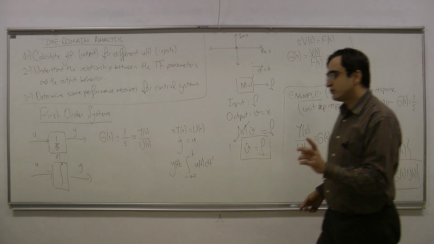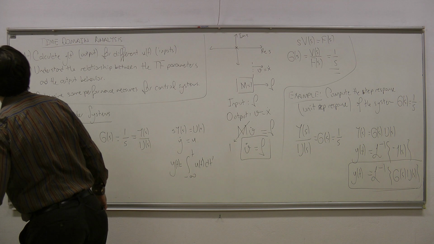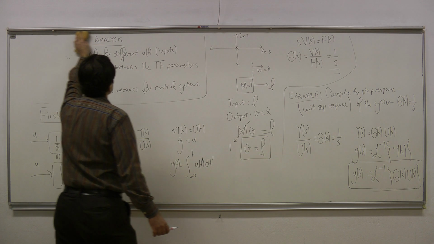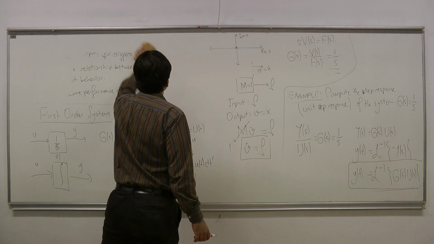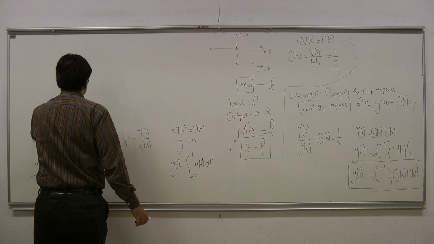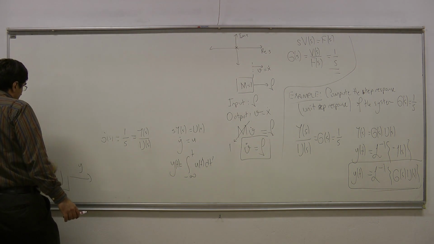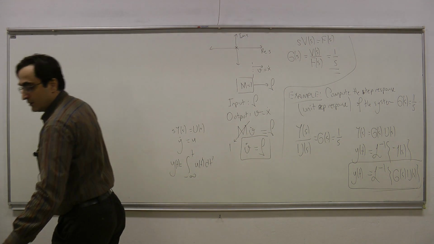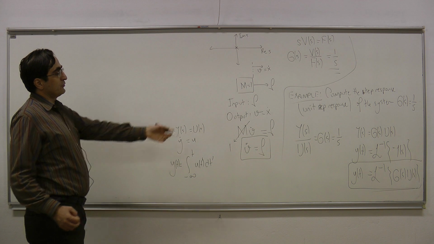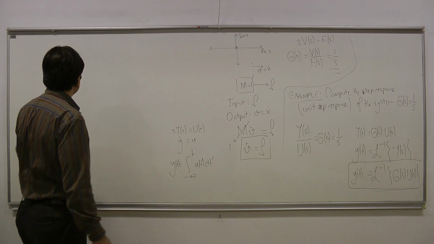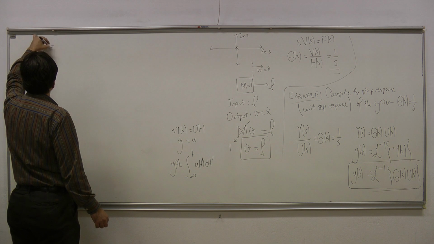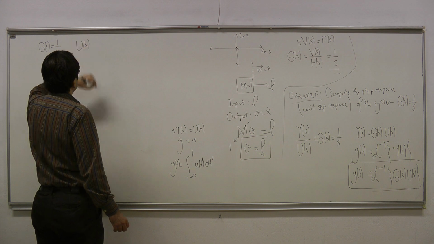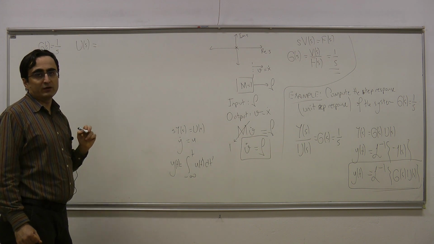Now let us try to apply this principle to calculating the unit step response for this system, a simple integrator, 1 over s. So for solving such an example, I have to write the transfer function of the system, which is 1 over s, and I need to write the Laplace transform of the input as well.